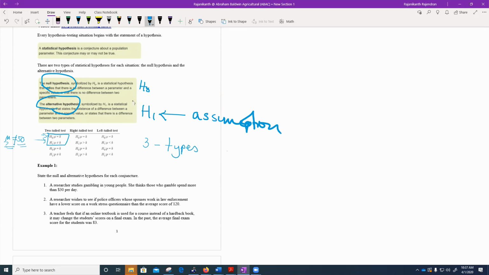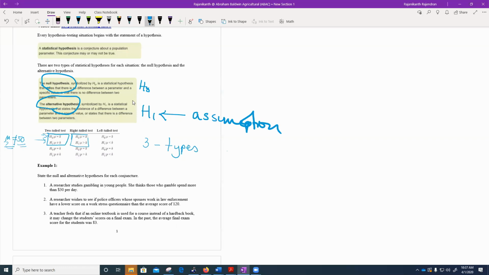For the alternate, you may have different kinds of assumptions here. If you look at the first, this is called two-tail. If you have a two-tail hypothesis, your alternate hypothesis always will have the not equal sign. Look at this one.